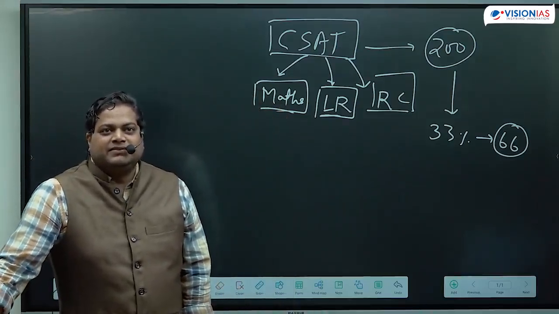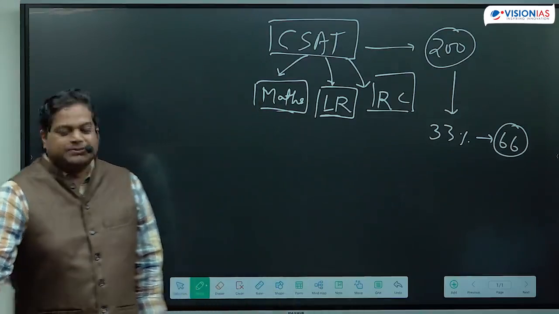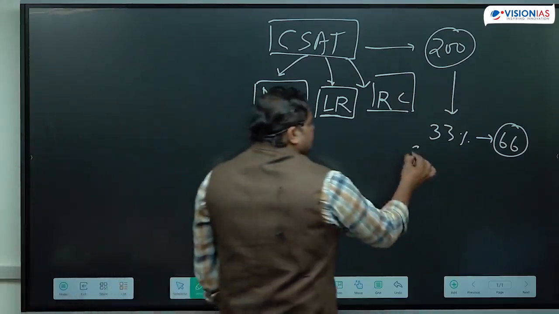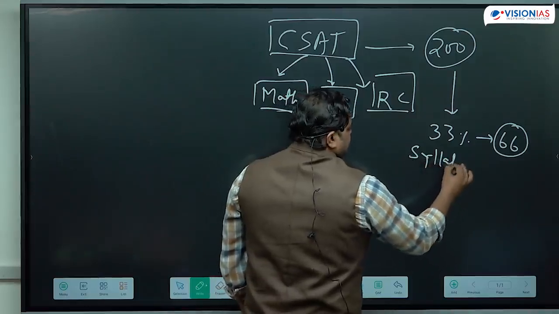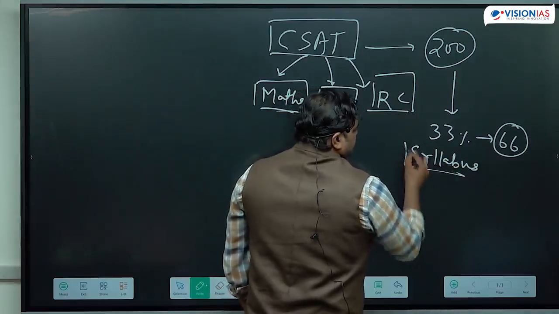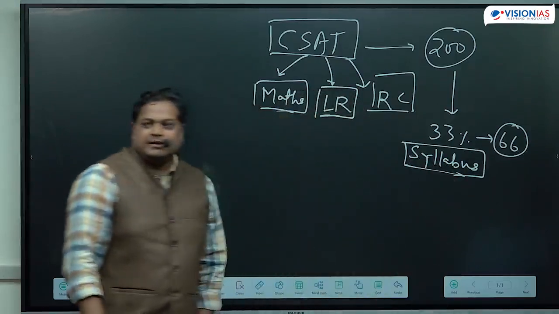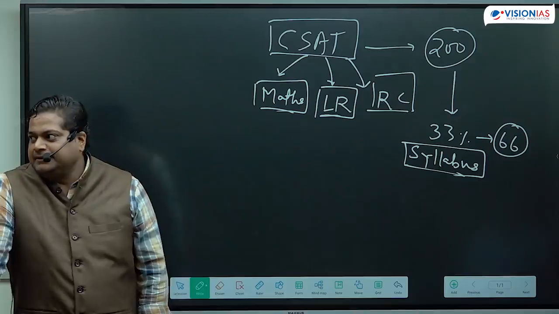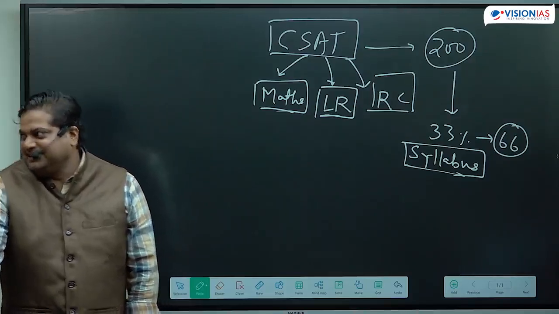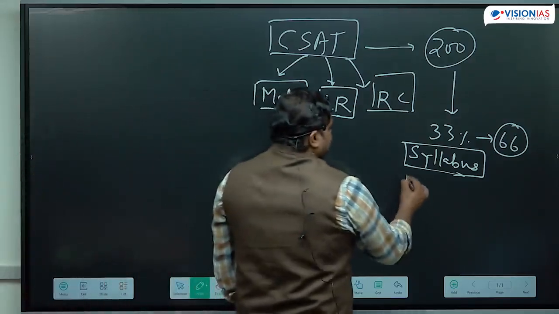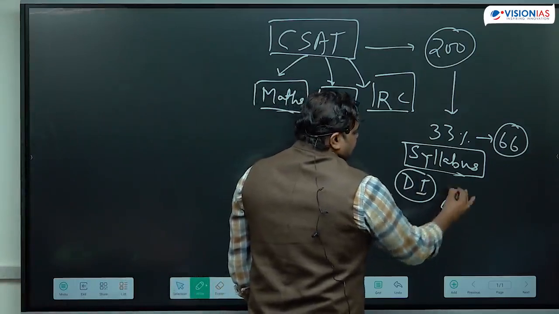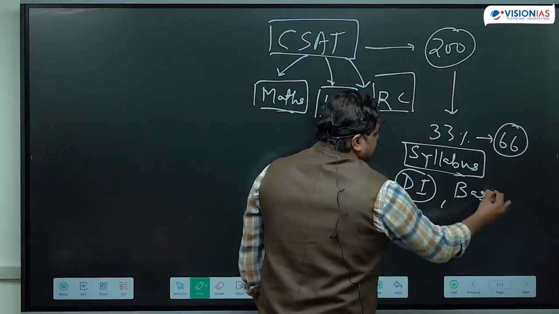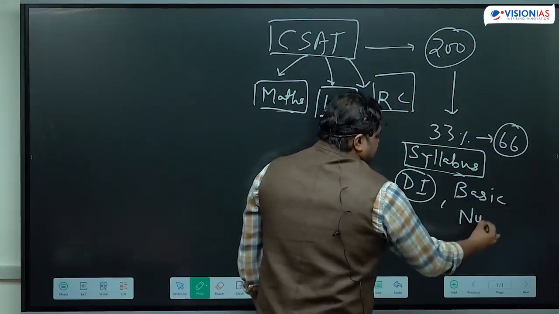Up to 10th level difficulty. Yes, it is written in the syllabus. What is in the syllabus? Have you seen the syllabus for the CSAT paper? What is written there? Data interpretation. Then it is written, probability is not written in the syllabus.